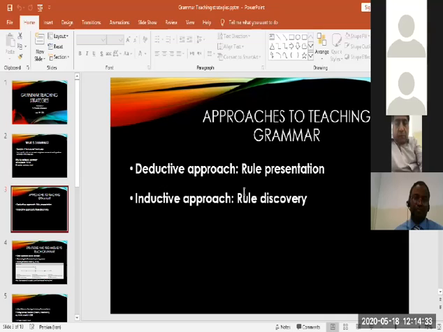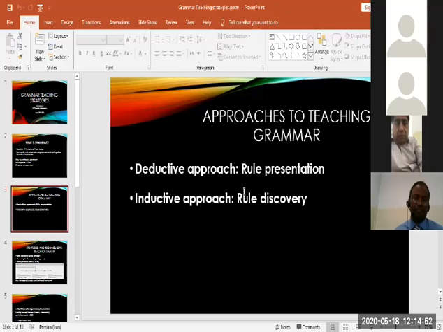In other words, the language rules are presented by the teacher, and then applied by the learners through making sentences or through production of the language based on these rules.